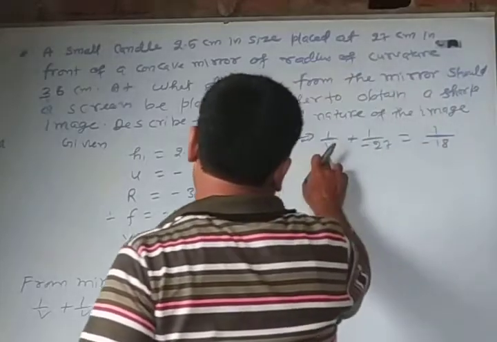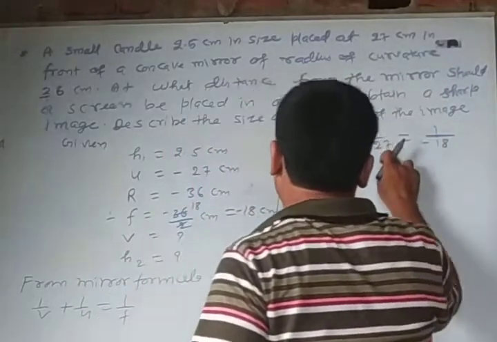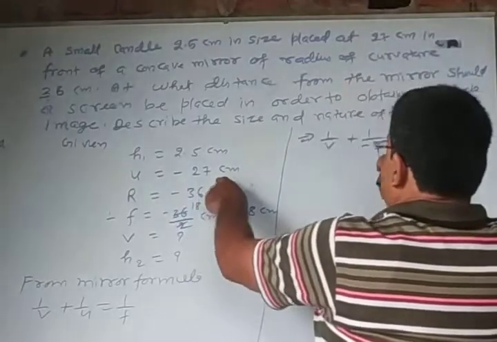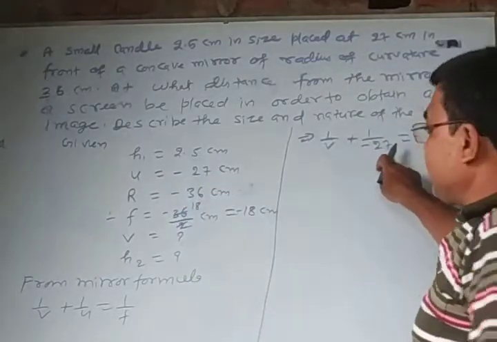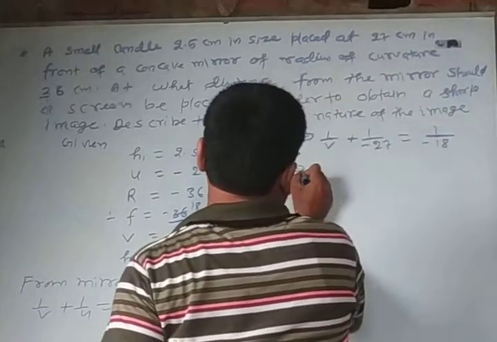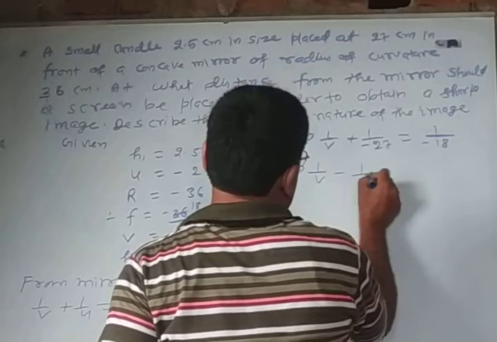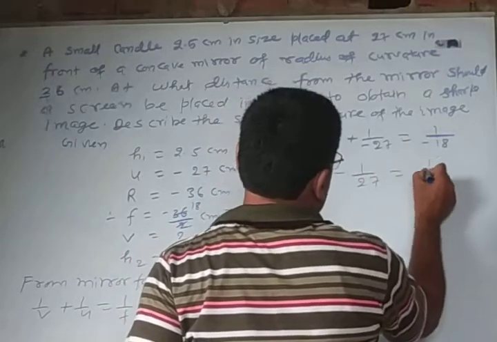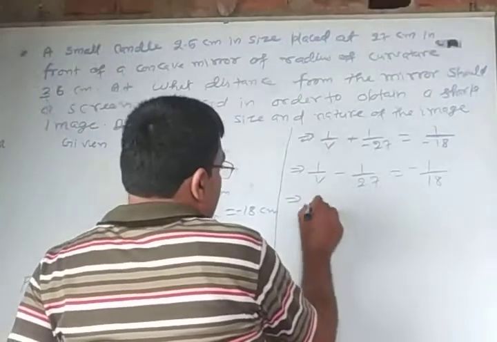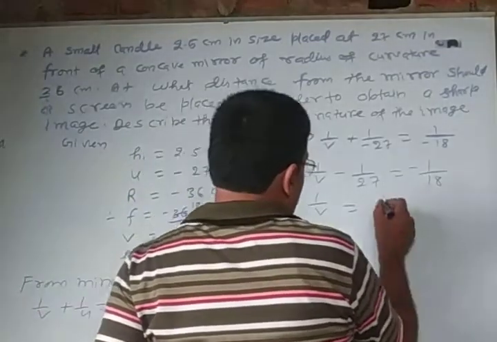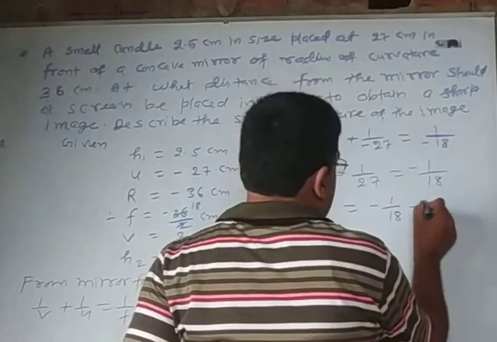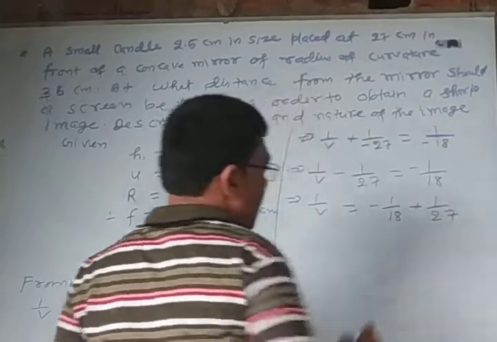That implies 1 by v plus 1 by minus 27, u is equal to minus 27 centimeter, and f is equal to minus 18 centimeter. Okay, that implies 1 by v minus 1 by 27 is equal to minus 1 by 18. 1 by v is equal to minus 1 by 18 plus 1 by 27.